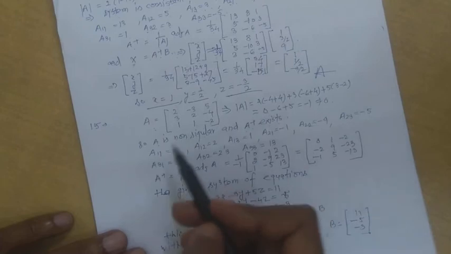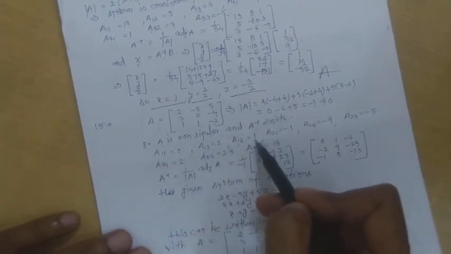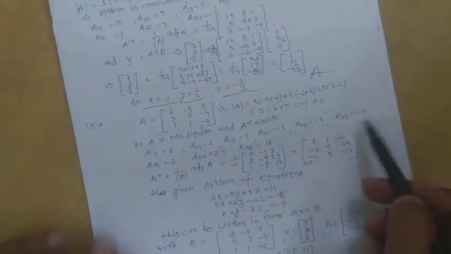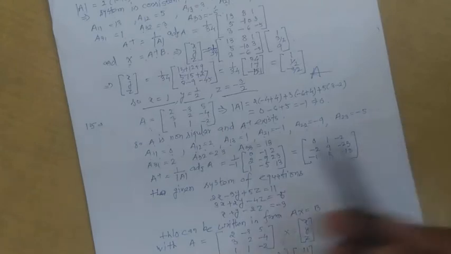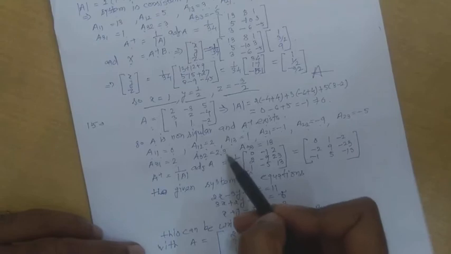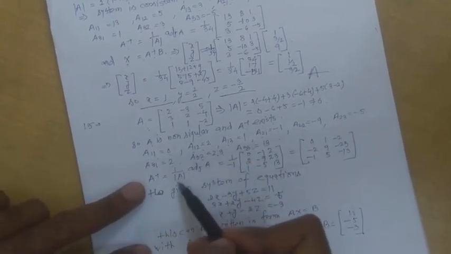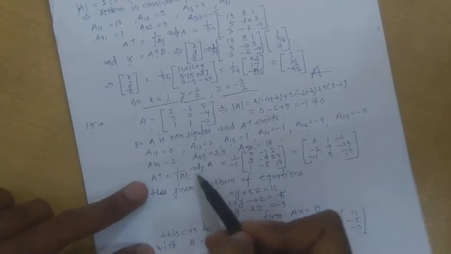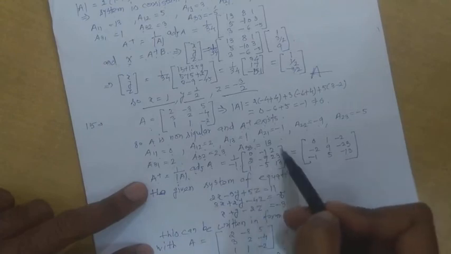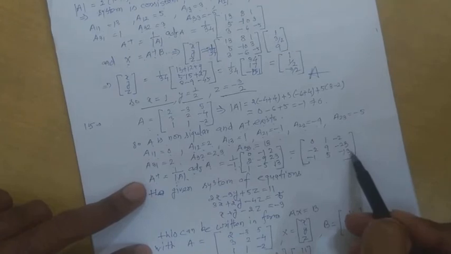For finding A inverse, we need A11 is equal to 0, A12 is equal to 2, A13 is 1, A21 is equal to minus 1, A22 is equal to minus 9, A23 is equal to minus 5, A31 is equal to 2, A32 is equal to 23, A33 is equal to 13. Now A inverse is equal to 1 upon determinant of A into adjoint of A. That is minus 1 multiplied with adjoint of A. Then we get this value, which is A inverse.